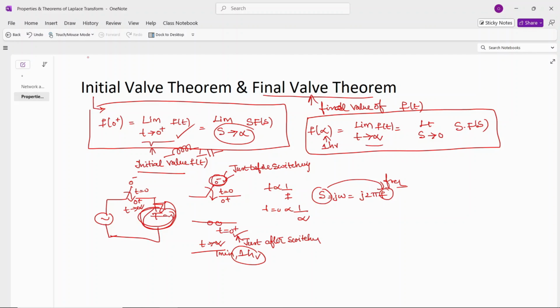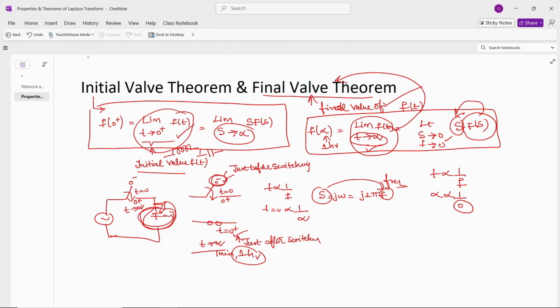If t is infinity, then since time and frequency are inversely related, indirectly what would be the frequency? It is 0. It's nothing but s tending to 0. Multiply the given function F of s by s. Therefore, this is called the final value theorem, or how to find the final value of the given function.